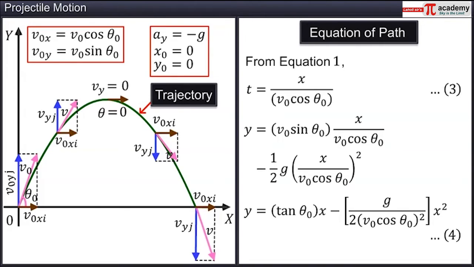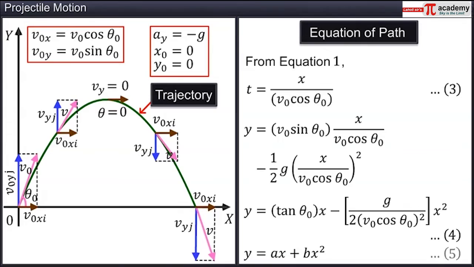In this equation, tan θ0 and g divided by 2 into (v0 cos θ0) square are constants, as g, θ0 and v0 are constants. As you know, the equation of a parabola can be written as y is equal to ax plus bx square.